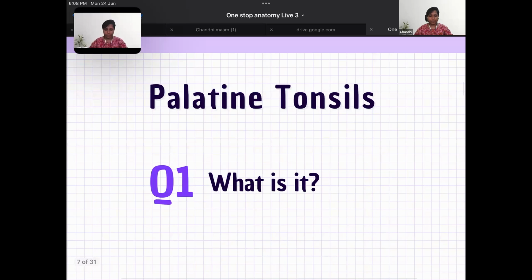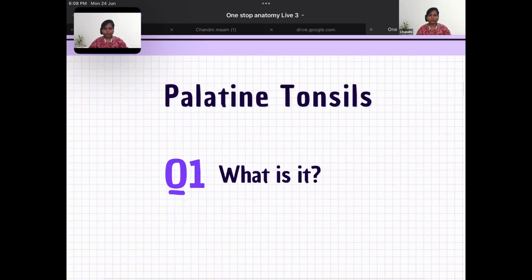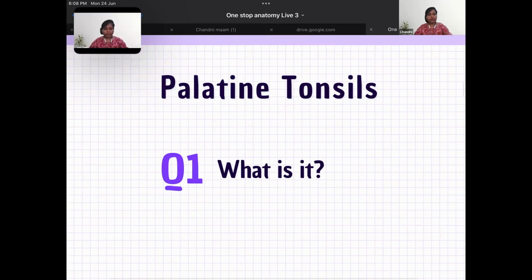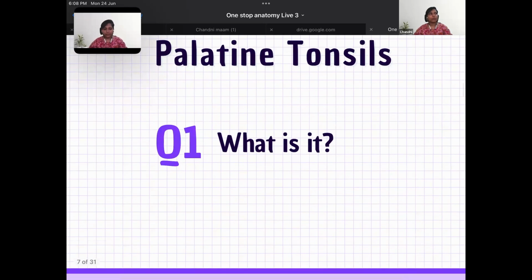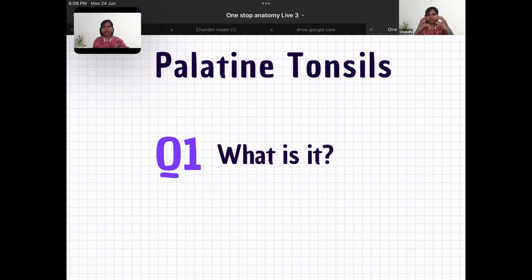If you've been to my previous sessions, you know I always start with the WH questions. As soon as you see a topic question in your paper, first ask yourself what it is. In this case, palatine tonsils. We know that all the tonsils are aggregations of lymphoid tissue, right? When you think of lymphoid tissue, the first thing you think of is the defense mechanism of your body, because they have lymphocytes and macrophages.